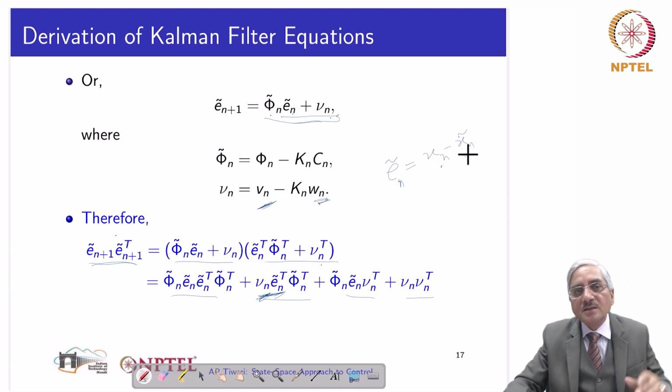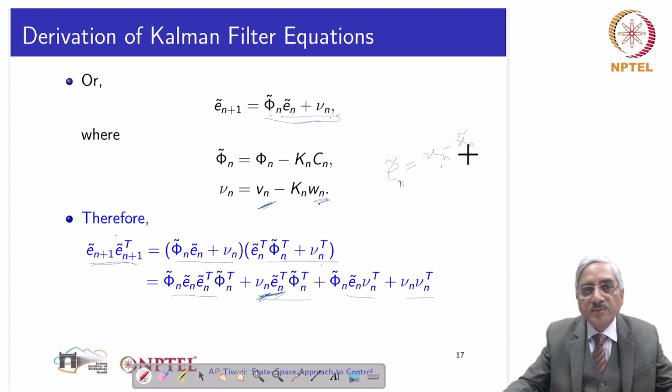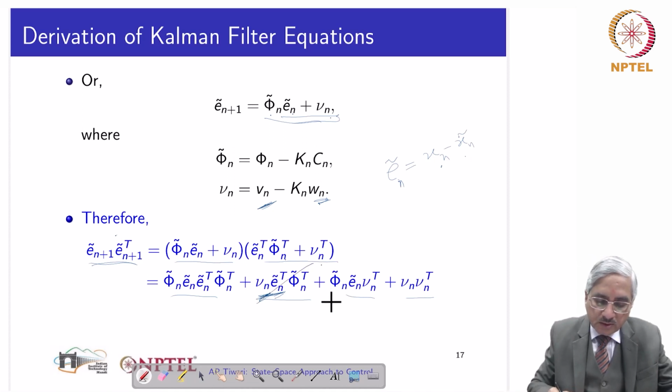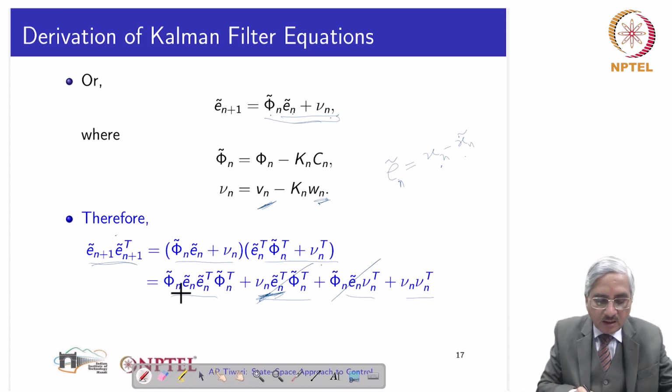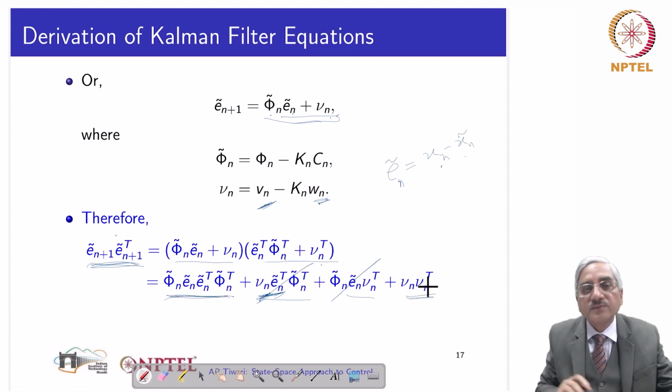And as V and x are independent, W and x are independent, Vn and xn tilde are independent, Wn and xn tilde are independent, these two terms, their expectation will be 0, and expectation of this will be a summation of expectation of this and expectation of this.